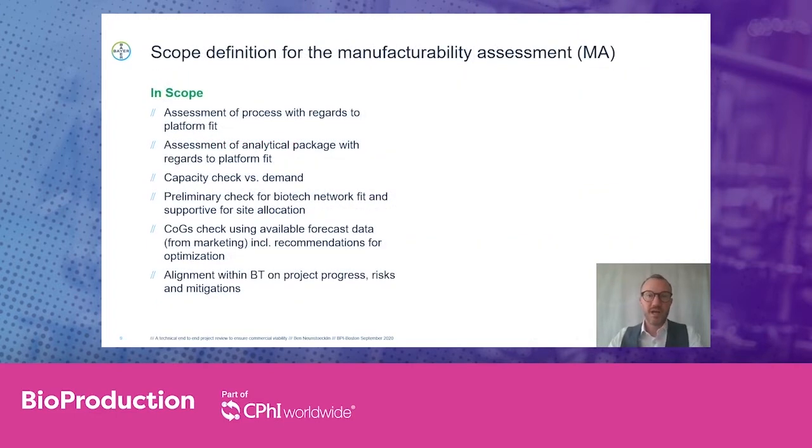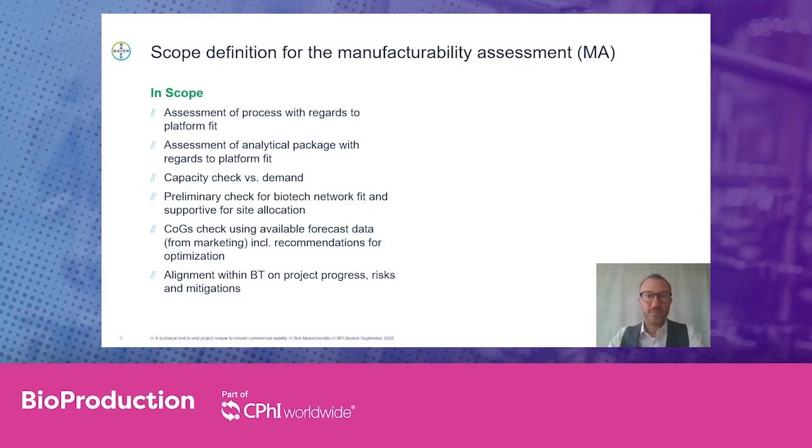Before we jump into the how, I'd like to spend some time on what we see in and out of scope. In scope, we consider the assessment of the process and its analytical package with regard to platform fit, a check of capacity versus demand, a preliminary check for the fit into the network, a cost of goods check using available forecast data, and a transparent alignment with the biotech organization on project progress, risk, and their mitigation.